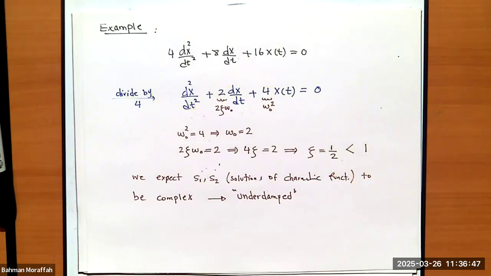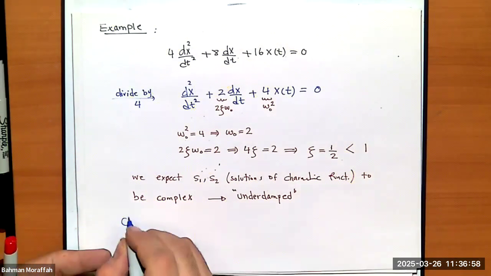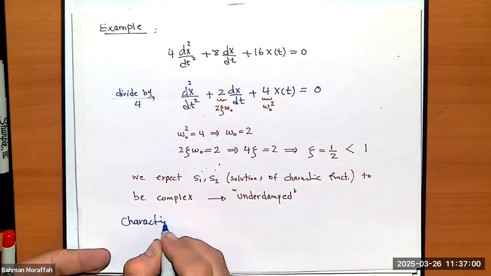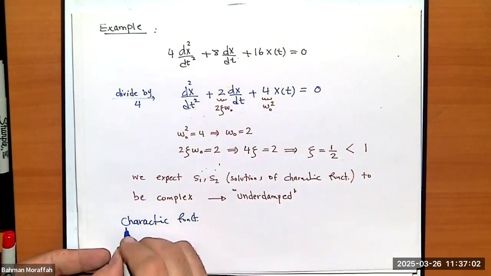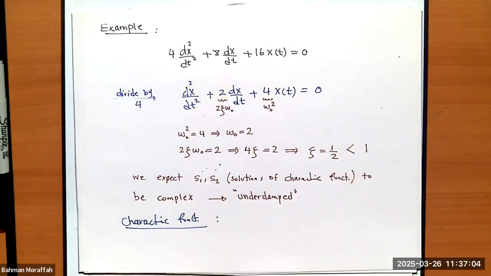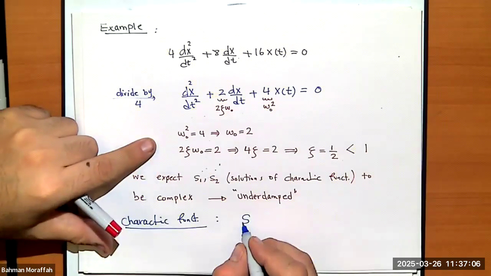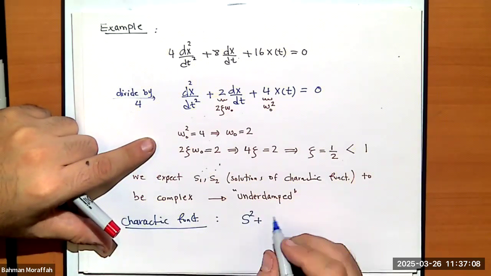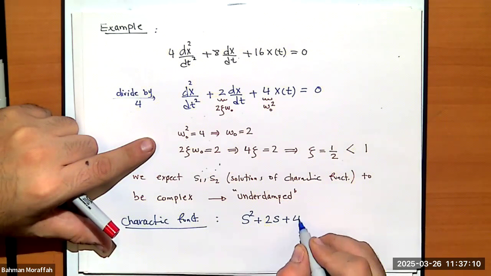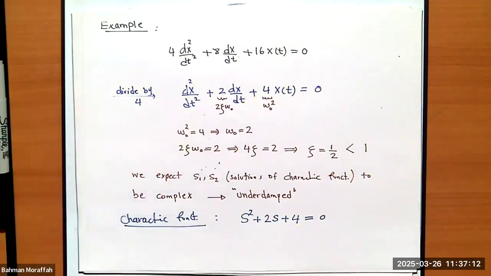Or we can just find the characteristic equation and solve it. I'll choose the latter because it's easier. So what is the characteristic function here? Well, it is s squared plus 2s plus 4 equals 0.